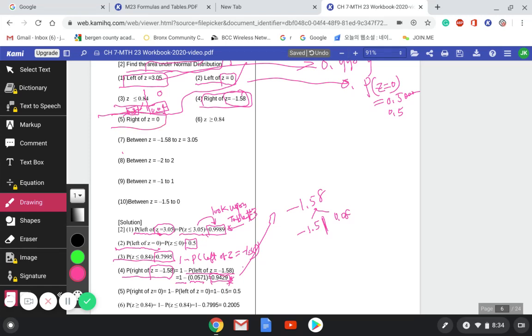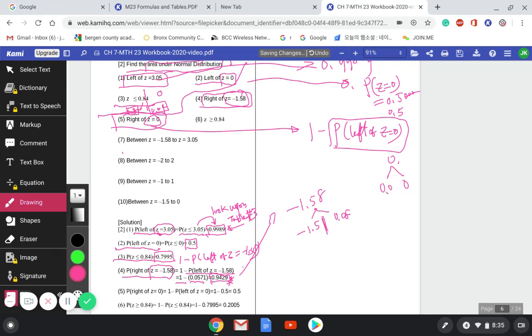Now, number 5, how do you find the right side of 0? Again, z equals 0. The way you do it again is 1 minus the probability of the left side of z equals 0. Okay, so if you go back, again, 0 means two parts, 0.0 with a 0.